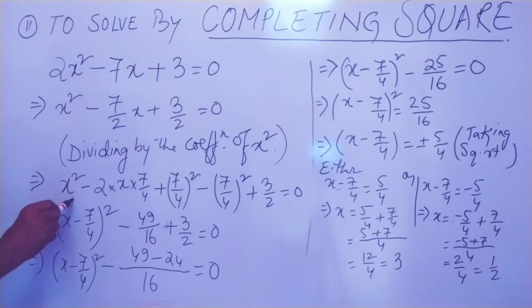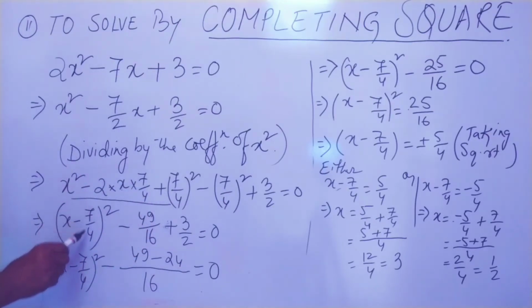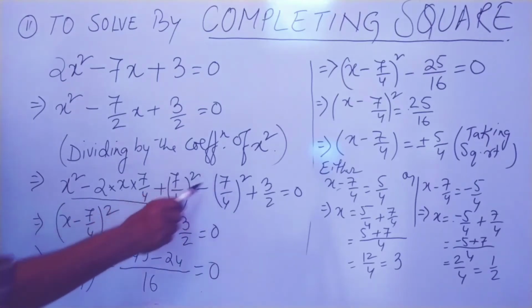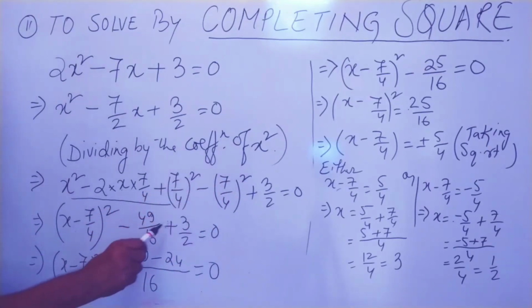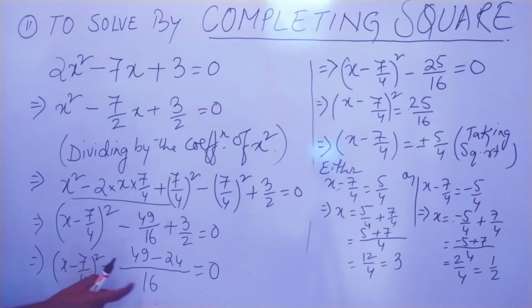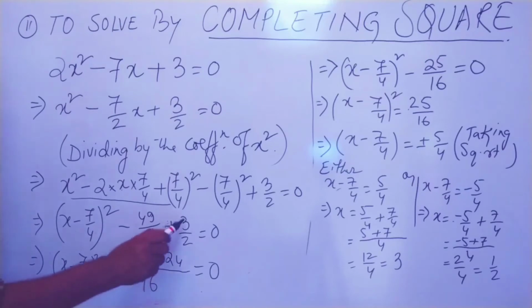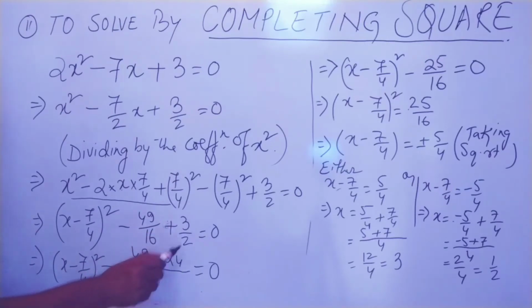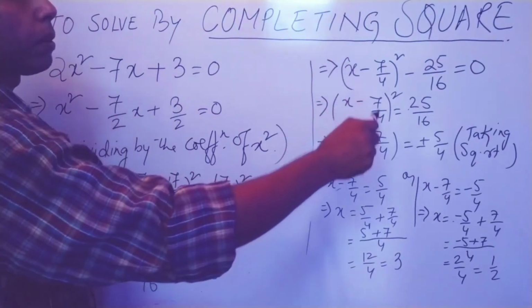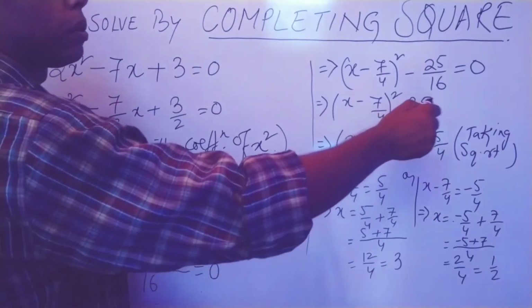Then the whole is a minus b whole square, so we write x minus 7 by 4 whole square minus 49 by 16 plus 3 by 2. So we simplify this, we take the LCM of 16 and 2 as 16. 49 minus 24 is 25, so x minus 7 by 4 whole square equal to 25 by 16.